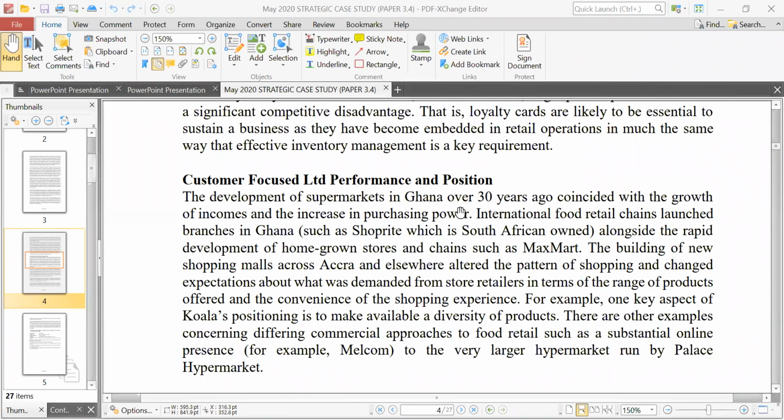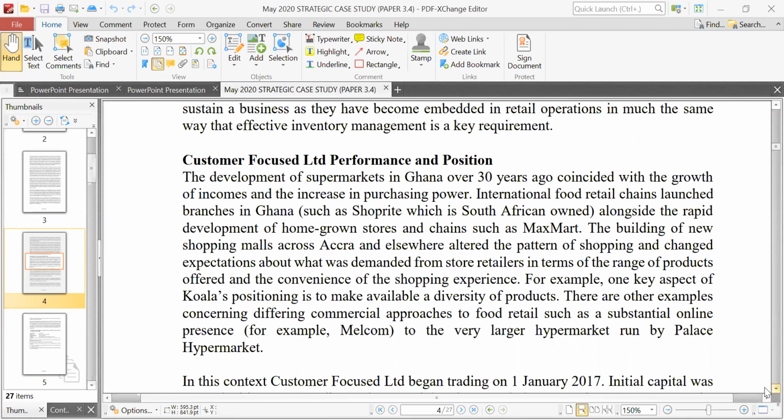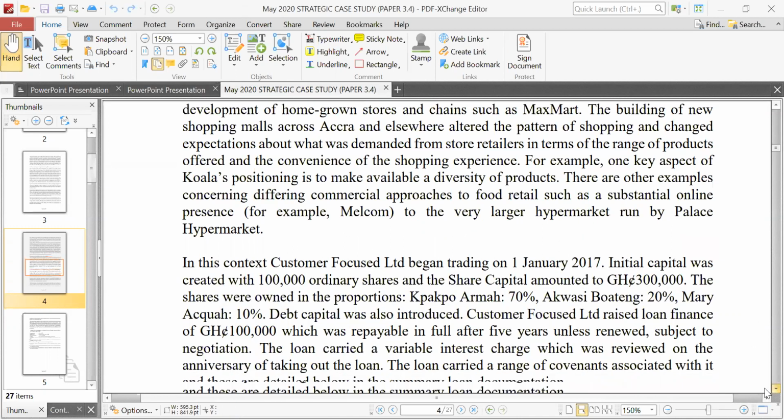So basically, Customer Focus Limited must find a voice in the market. If Koala is known for diversity of products, and Melcom seems to have a substantial online presence, who is actually into e-commerce and e-deliveries, delivery of food stuff? We haven't seen anyone yet. And so, basically, that's what the paragraph is talking about.